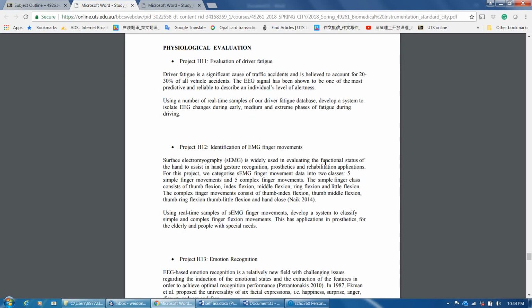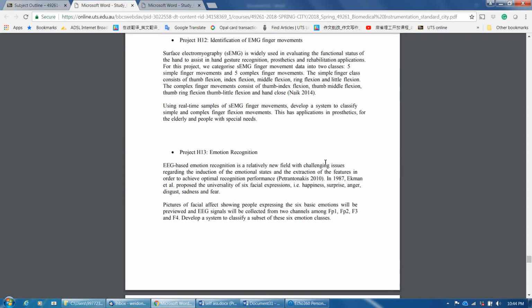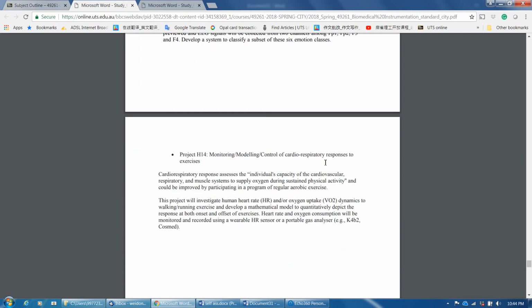And we also have identification of EEG finger movements and also emotion recognition. And finally, we have modeling and control of cardiorespiratory response to exercise. We will use a portable gas analyzer.